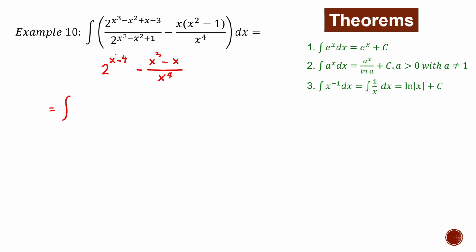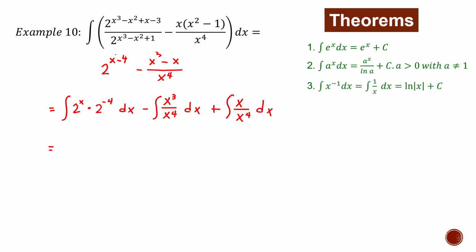So this will be equal to 2 raised to x times 2 raised to negative 4 dx minus x raised to 3 over x raised to 4 dx, plus x over x raised to 4 dx.